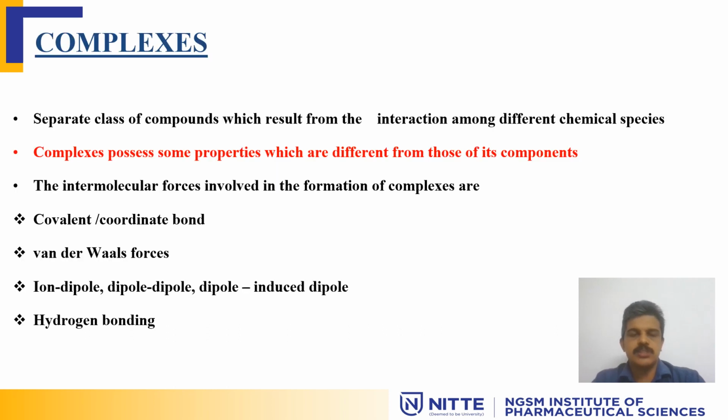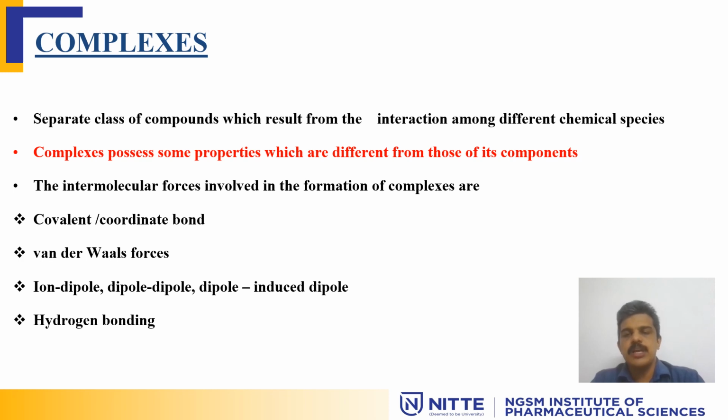So what are complexes? A and B are the individual components. They react together to form complex C, and the property of complex C will vary from both A and B. In other words, they are a separate class of compounds which results from the interaction among different chemical species.